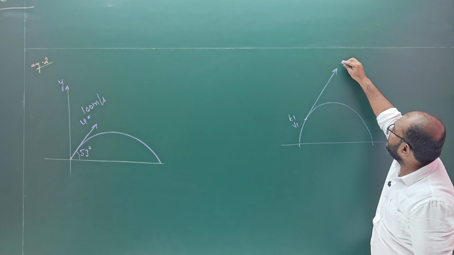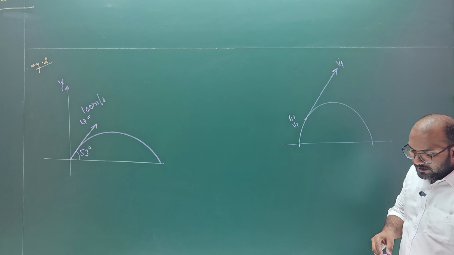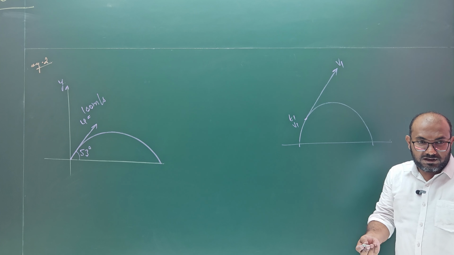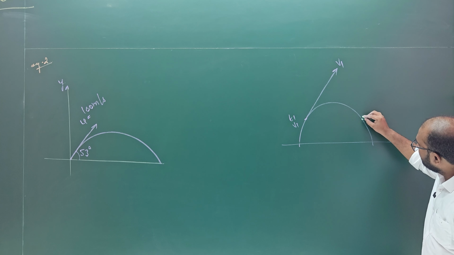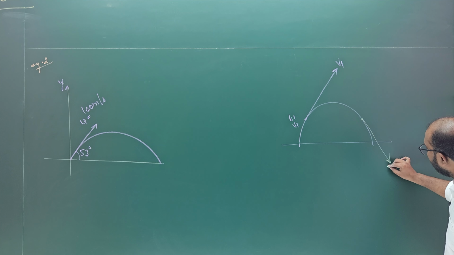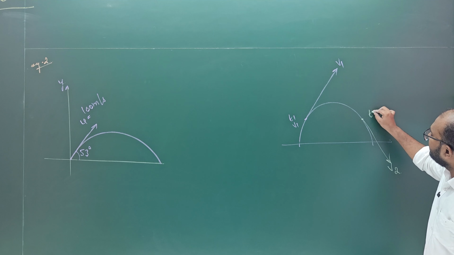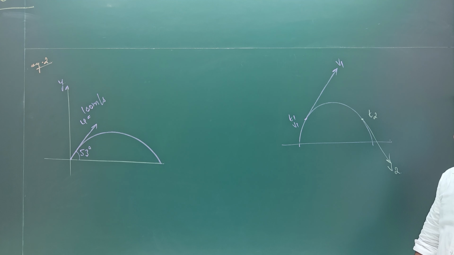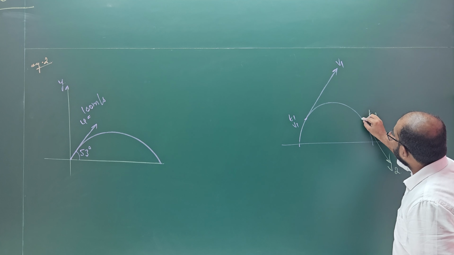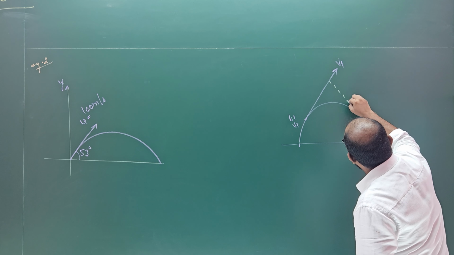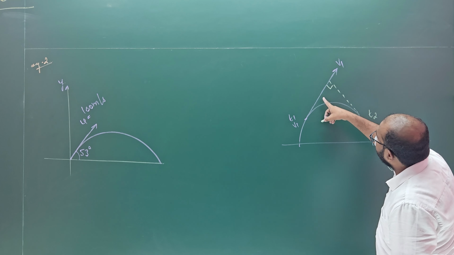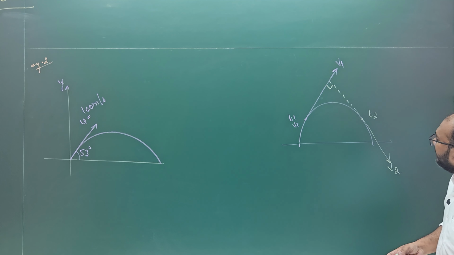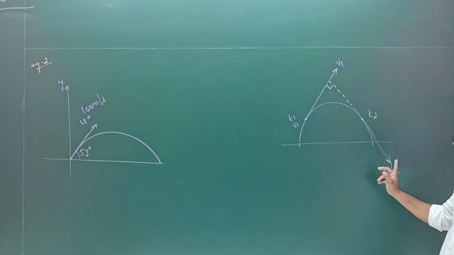Let us name this velocity vector 1. Similarly, after some time t, at a point over here, this is velocity vector 2 at time t2. If I extend this backward, then I can draw it like this. The question is: find out when velocity vector 1 is making an angle of 90 degree with velocity vector 2.